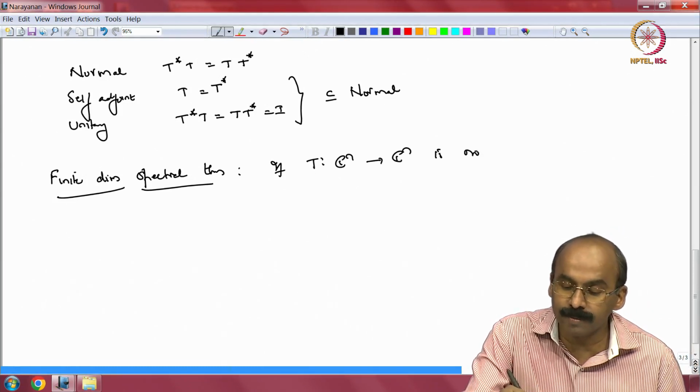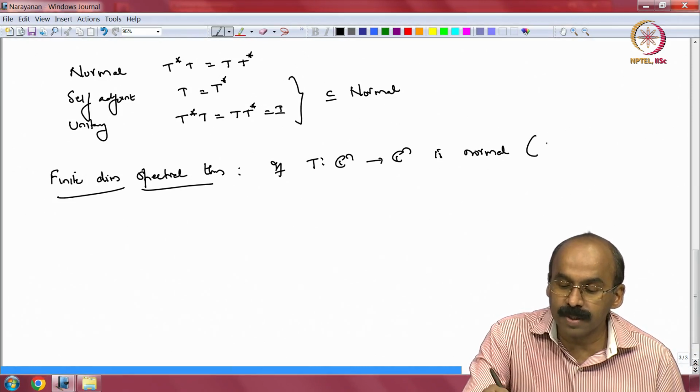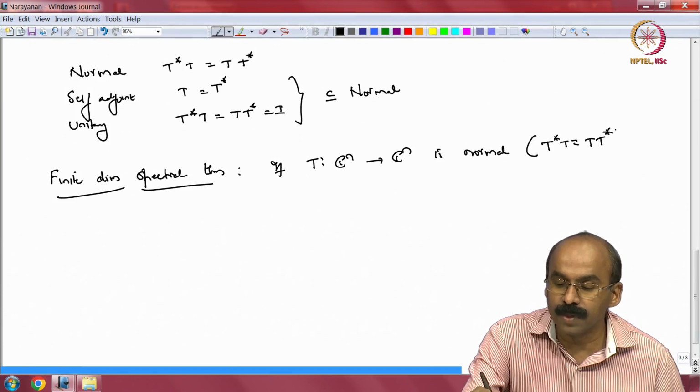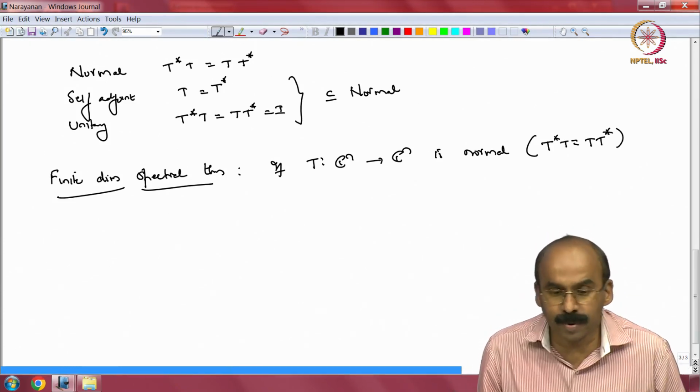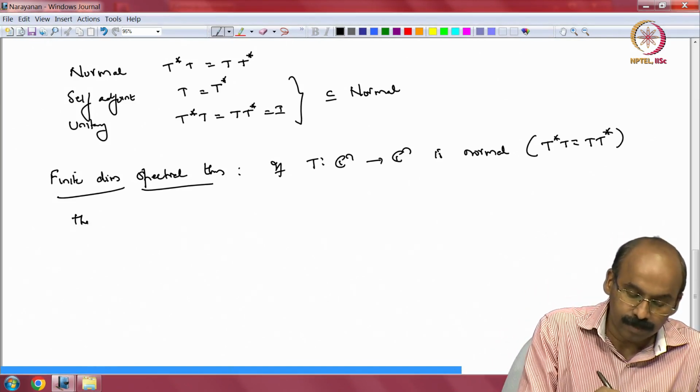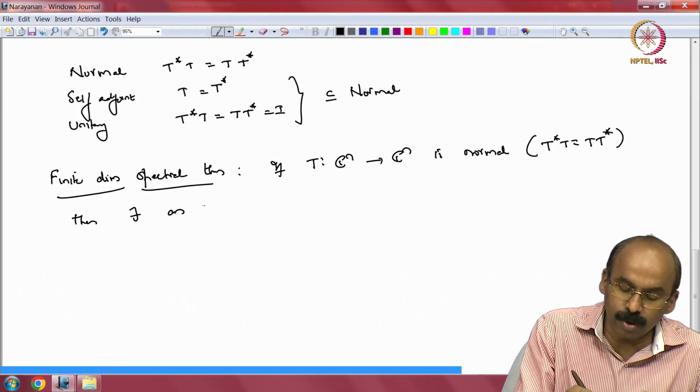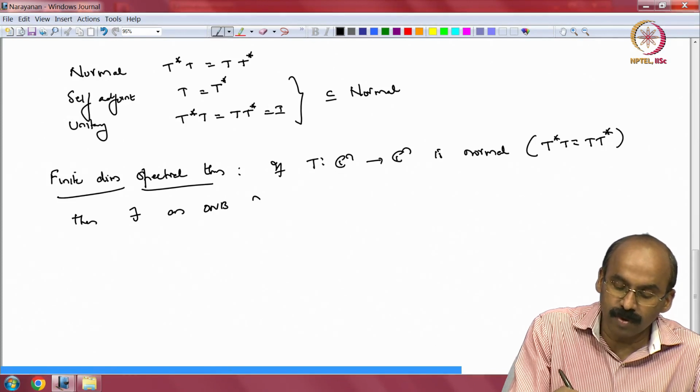So, T is normal, which means that T star T is equal to T T star, T and T star commute, right, that is what you mean by a normal linear transformation. Then there exists an orthonormal basis for Cn.